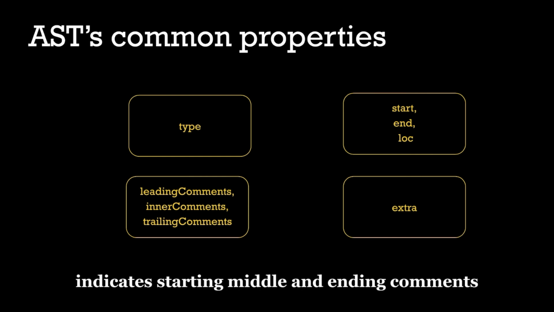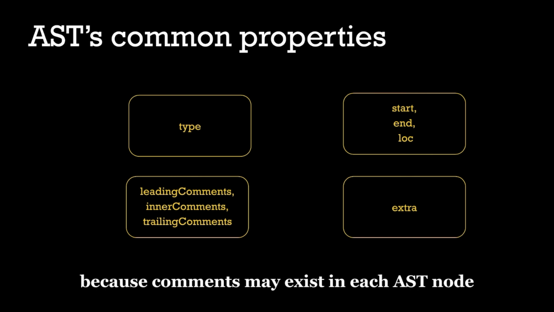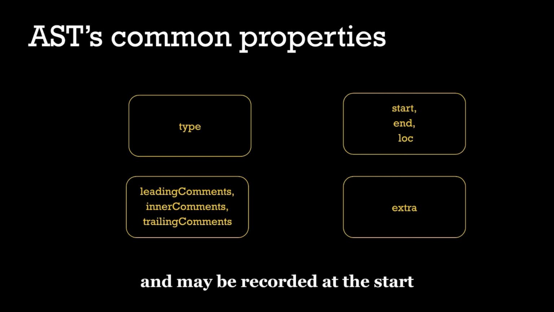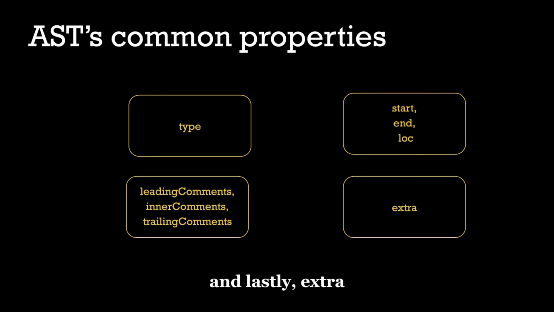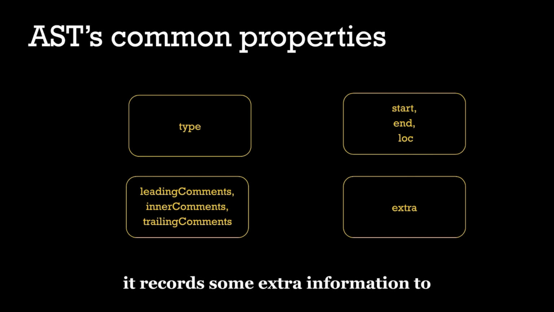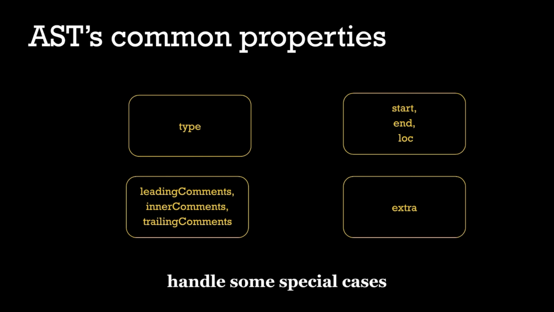Leading comments, inner comments, and trailing comments indicate starting, middle, and ending comments, because comments may exist in each AST node and may be recorded at the start, middle, or end position through these 3 properties. And lastly, extra. It records some extra information to handle special cases.